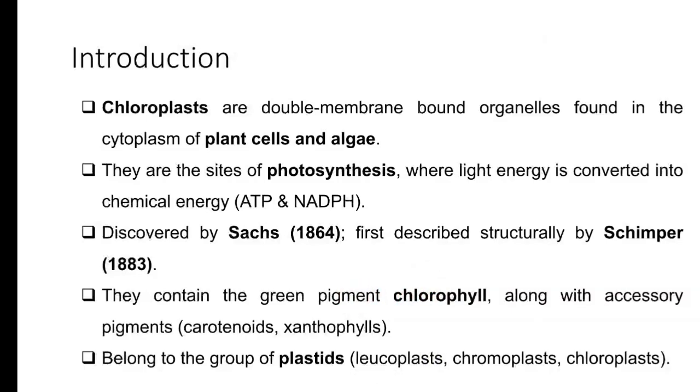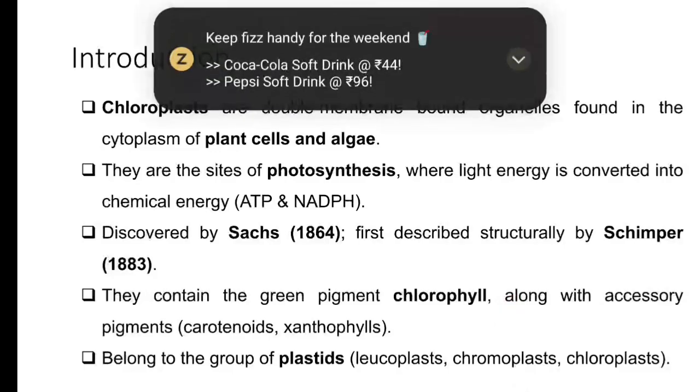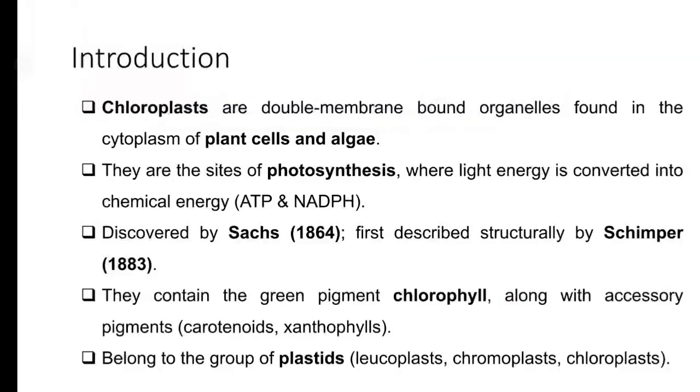This chloroplast belongs to one category of plastids. Other types of plastids are also found in the plant system. Those are leucoplast and chromoplast. Chromoplasts you can see in all the bright colorful parts of the plant system, for example fruits, flowers and petals. They will be of different colors: yellow, brown, red, pink.